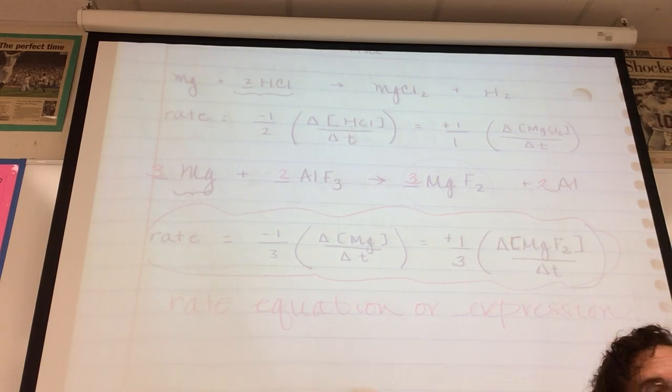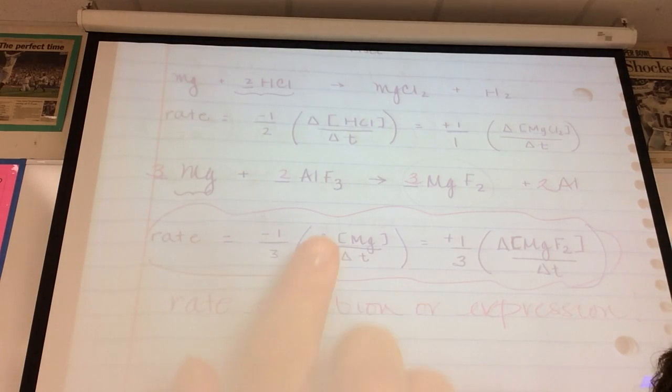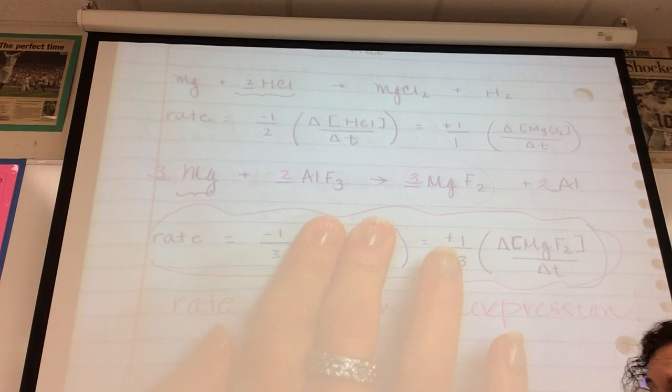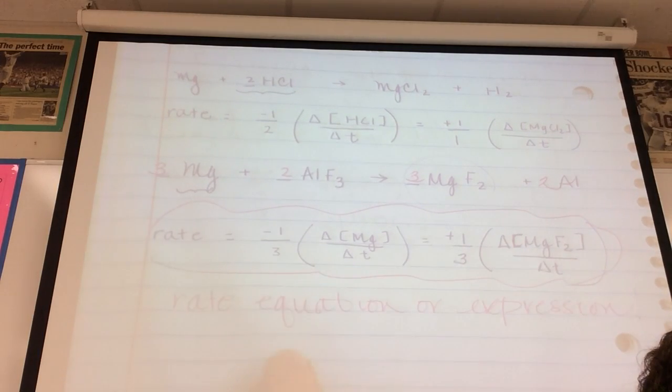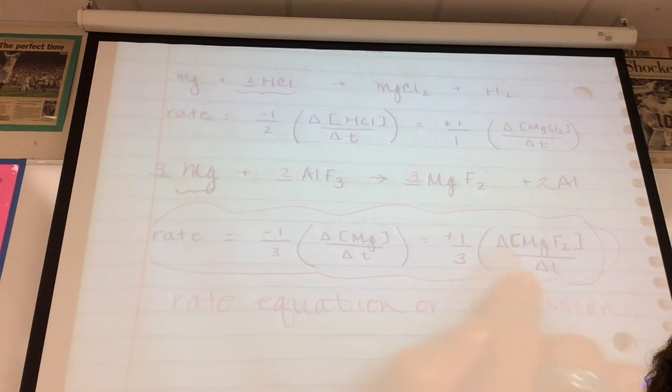So now that we know how to write rate equations, we want to be able to solve them. So if I give you this piece, can you give me this piece, or vice versa? So I might give you the rate at which magnesium disappears, and I might ask you for the rate at which magnesium fluoride appears.